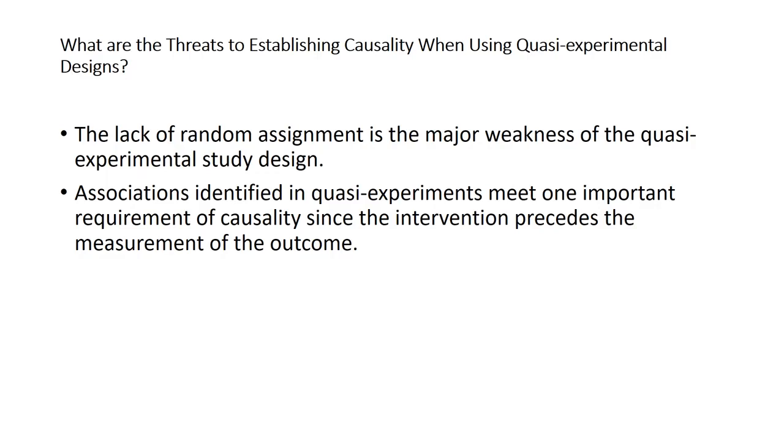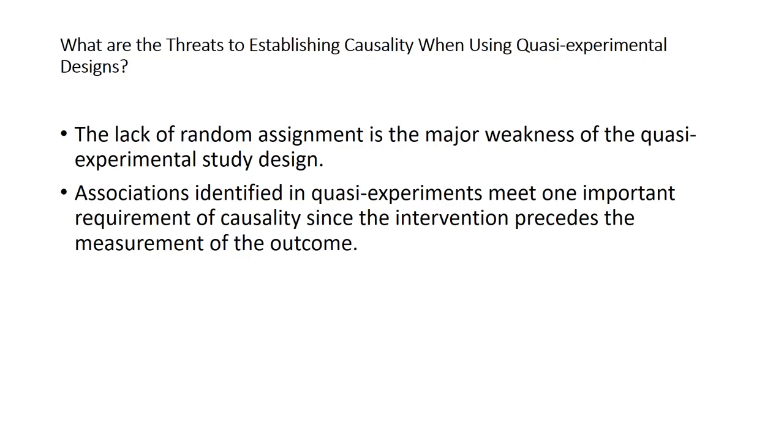What are the threats of establishing causality when using quasi-experimental designs? The lack of randomization is the major weakness of the quasi-experimental study design. As you remember earlier, we said that the major strength of randomized clinical trials, and why they are on the top of the pyramid of the medical evidence, is the presence of randomization. So the absence of randomization in this design makes it weak.